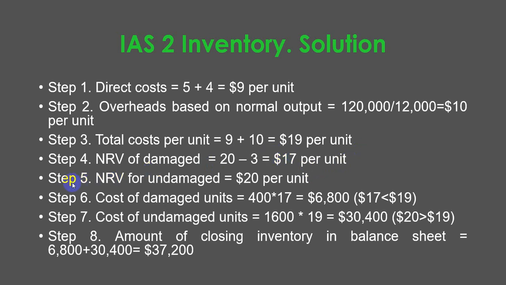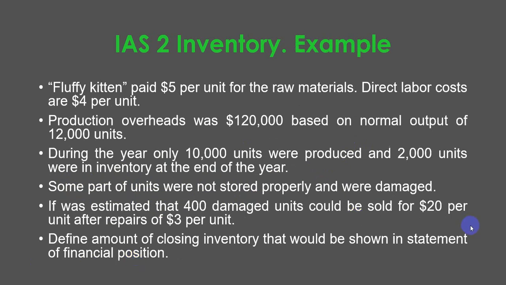And then step 5, we need to calculate NRV for undamaged items. So we have only the price of $20 here, so let's assume that $20 is also the price for undamaged items too. In the case of undamaged items, we don't have to repair them, they are ready for sale.